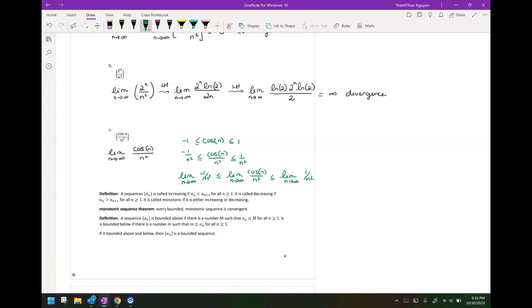We know that the limit of -1 divided by n squared is the same as the limit of 1 divided by n squared, and that equals 0. This means the limit as n approaches infinity of cosine of n divided by n squared equals 0 by the squeeze theorem.